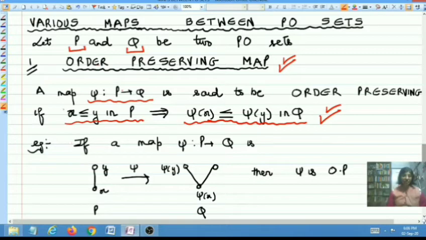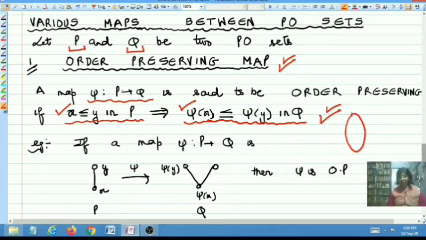So X related to Y in P must imply that their images psi X and psi Y must also be related in Q. That is, psi X must be related to psi Y in Q, or psi X must be less than or equal to psi Y in Q. Pictorially, something like this should happen.